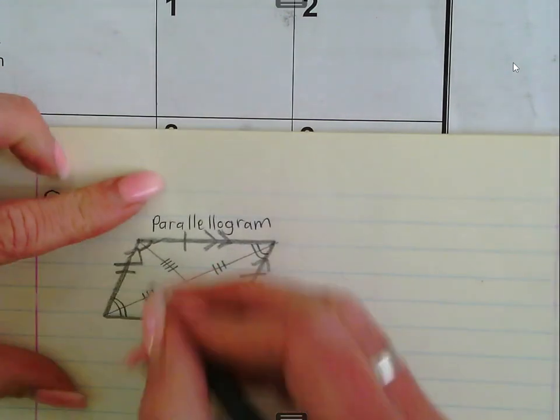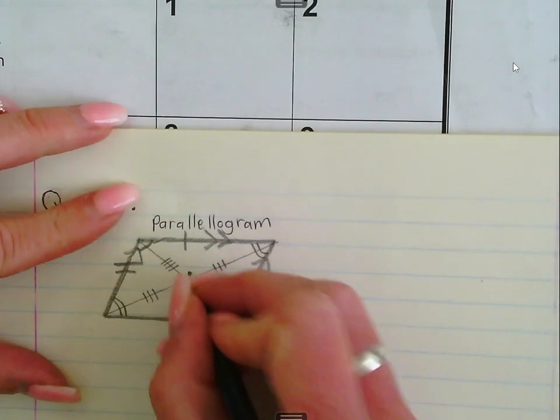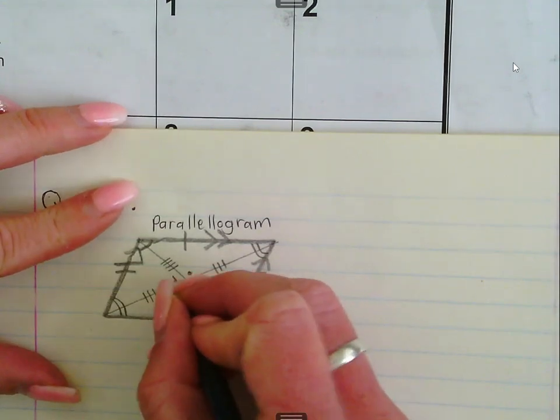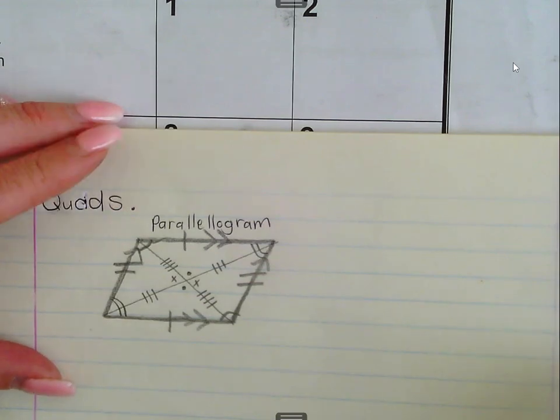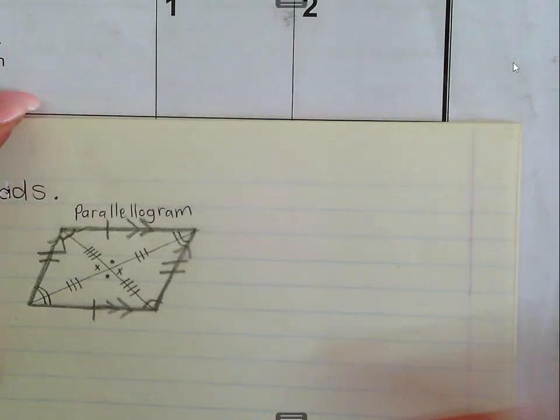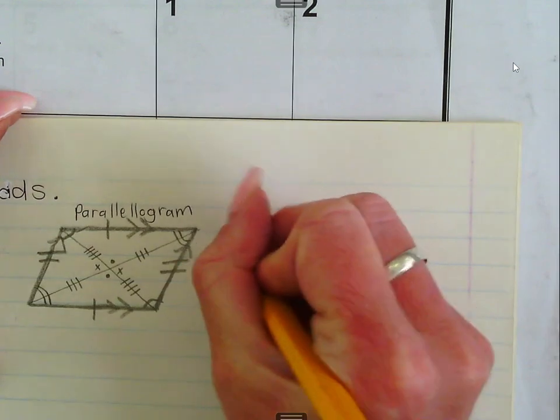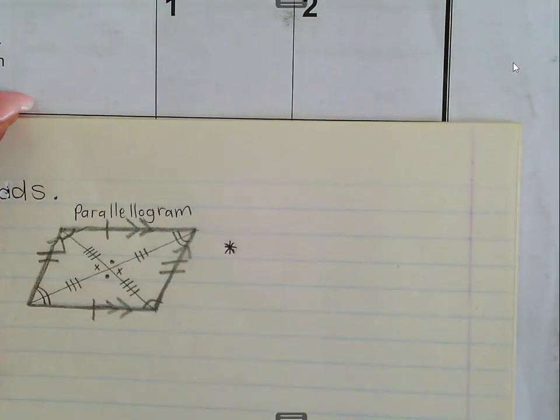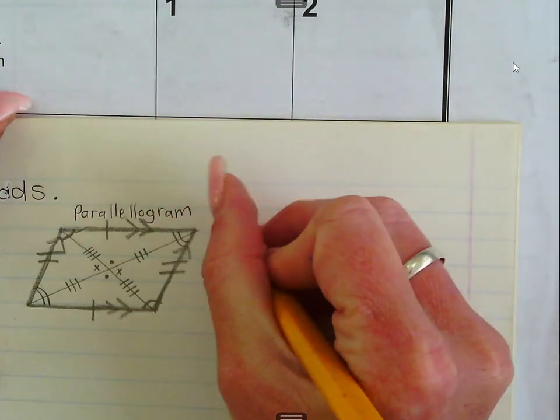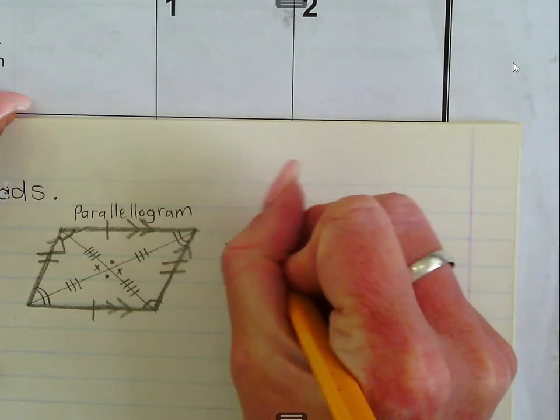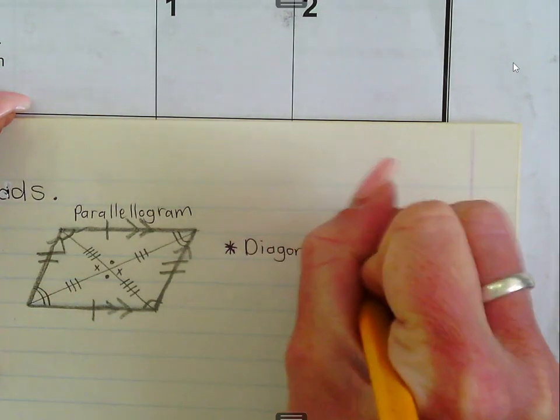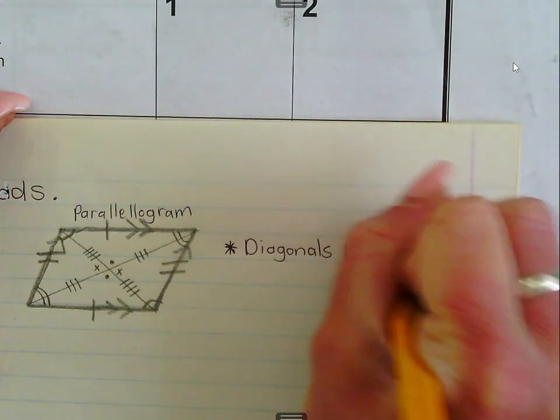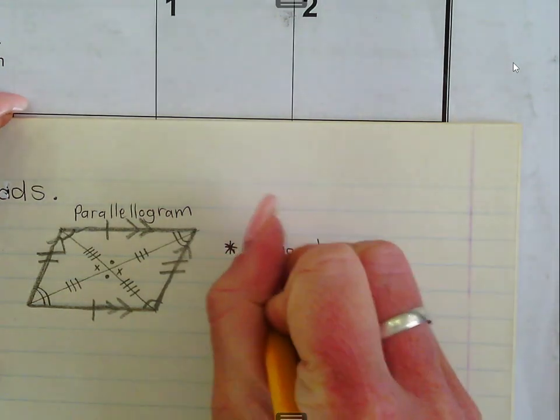One thing we also have, but that's obvious, is that the vertically opposite angles will be equal to each other here by the diagonals. So I just want you to remember it's got all of these properties, but I want you to write down this one. It's the diagonals bisect each other.